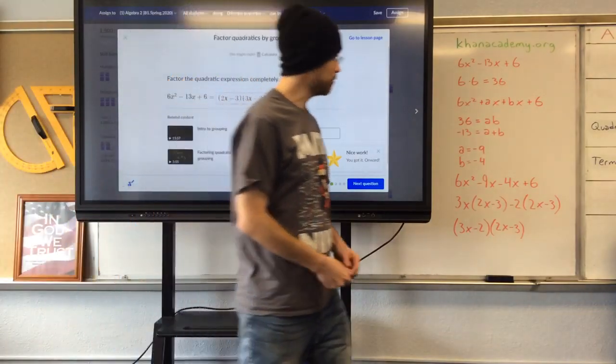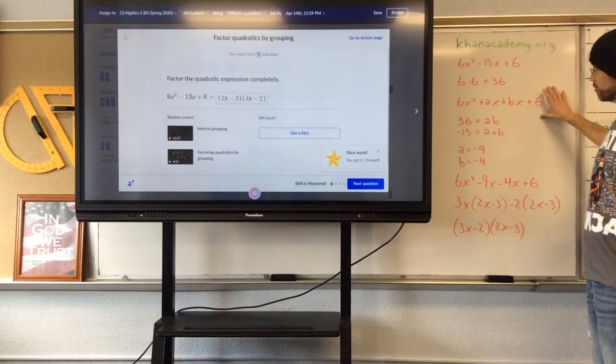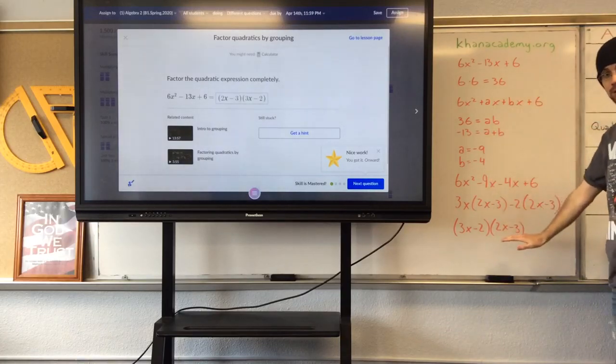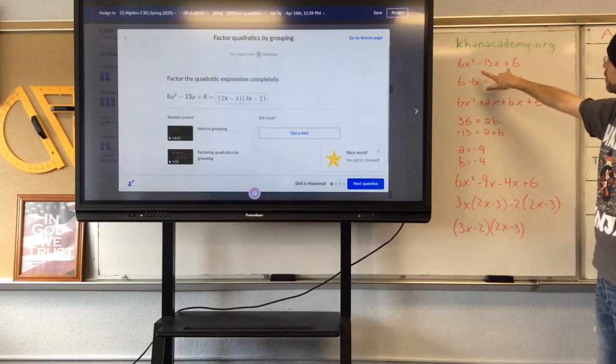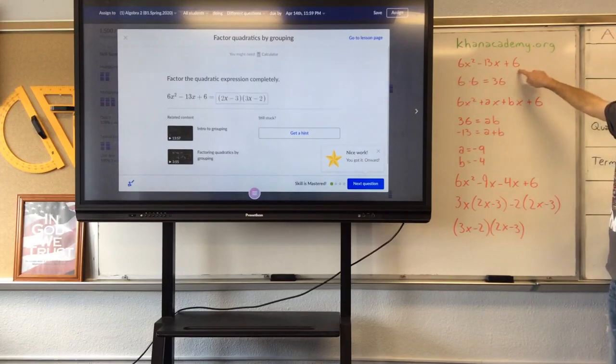Now I want to talk to you about solving that same problem by grouping. Okay, so here are the steps when you're going to solve it in another way, factoring by grouping. So we start with what we were given.